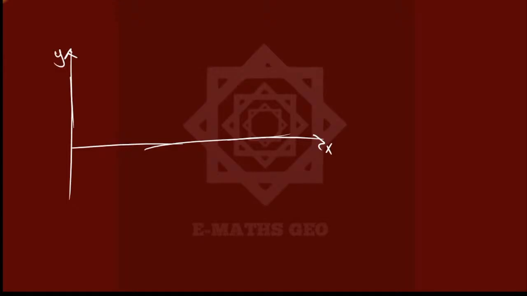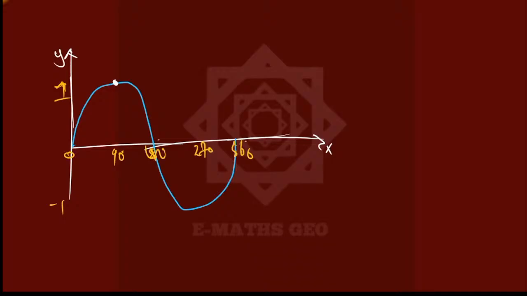If you sketch the graph of sine, it's always this way. This is 1, this is -1, and this is 90, here is 270, this is 0, 180, and 360. So remember the values from the table.